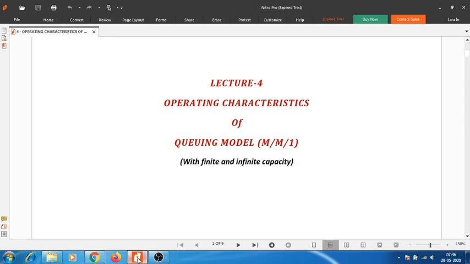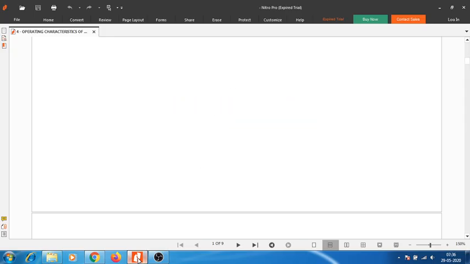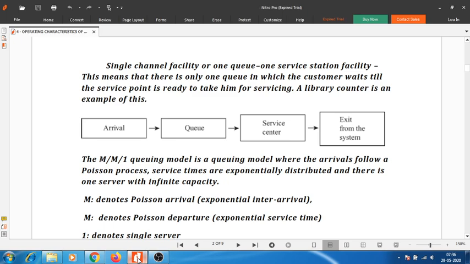Before the operating characteristics, a small recall related to the model. In the last class we talked about a single channel facility, or one queue one service facility. An arrival enters the system.